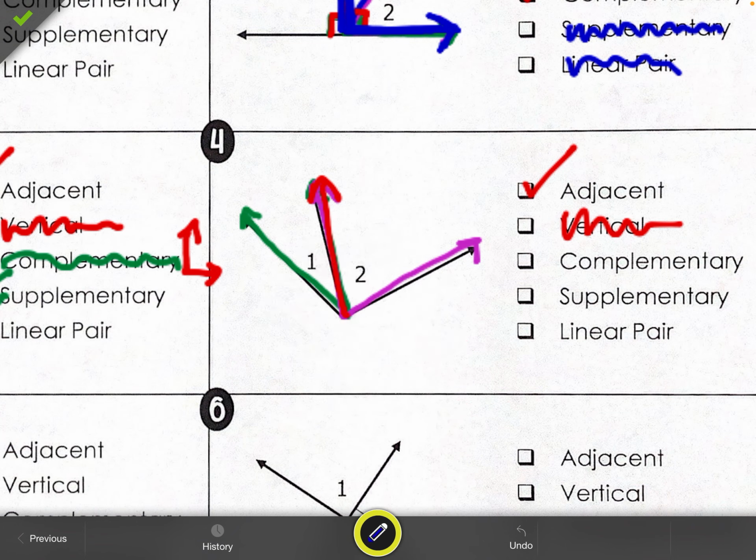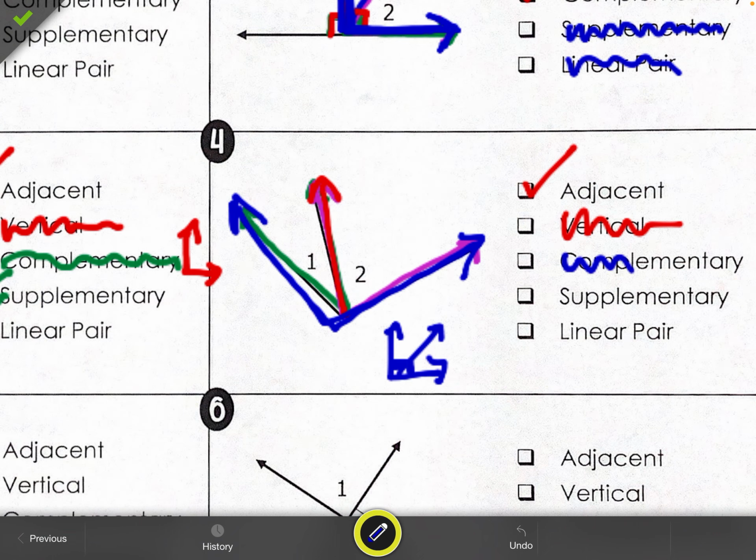Meaning if you look at the entire thing together, this whole part right here in blue, some people say it kind of looks like a 90-degree angle to me. It looks like a corner. Don't assume that unless they have drawn it, unless they have put that little box in the corner. Don't assume that it is 90 degrees. So without that box, we can't really be sure, so it's not complementary.